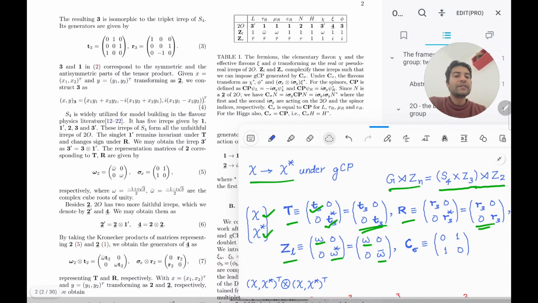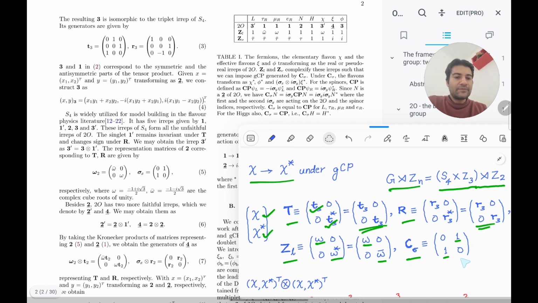Finally, we also have the action of GCP. In the paper, I use C sigma to denote the generator of generalized CP. And the action of generalized CP, as I said, is the complex conjugation. So that means chi goes to chi star and chi star goes to chi. So that will have this block diagonal form where this 1 and 1, they are 3 by 3 identity matrices.